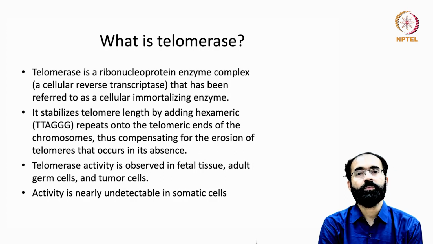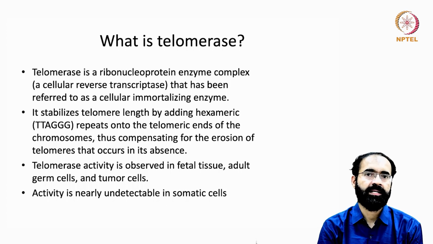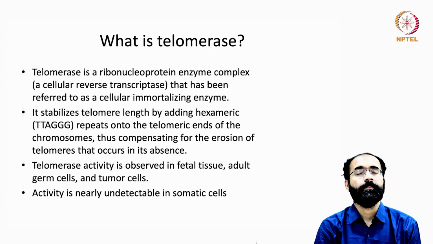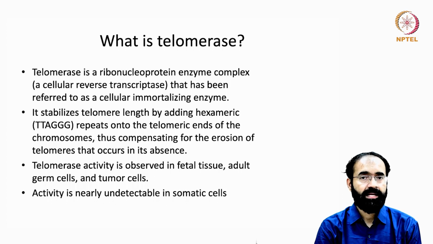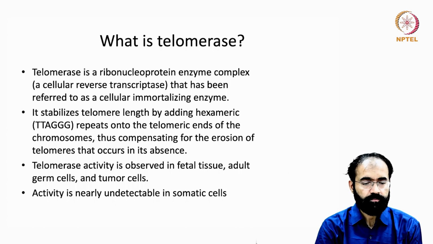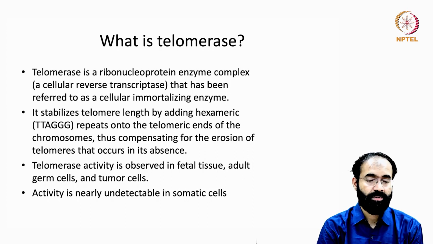The end replication problem happens in the lagging strand because the enzyme cannot stand in emptiness. It needs DNA strands to hold on. If it is holding on, it cannot make a copy of the DNA at the place where the enzyme is occupied. So telomerase activity is observed in fetal tissue and also in adult germ cells and also in tumor cells.